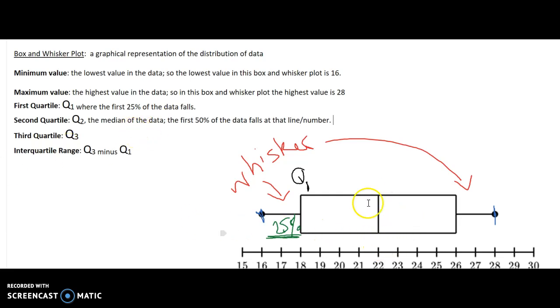So right here, 22 would be our median. I'm just going to put MED because I can't write well with this pen.